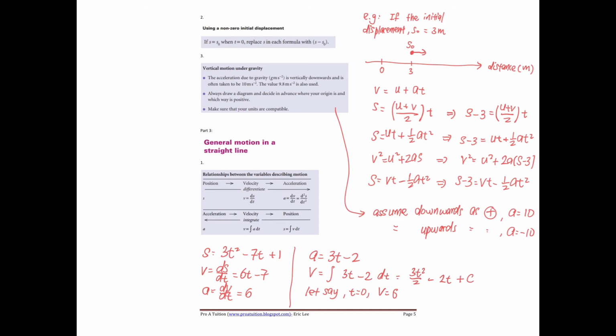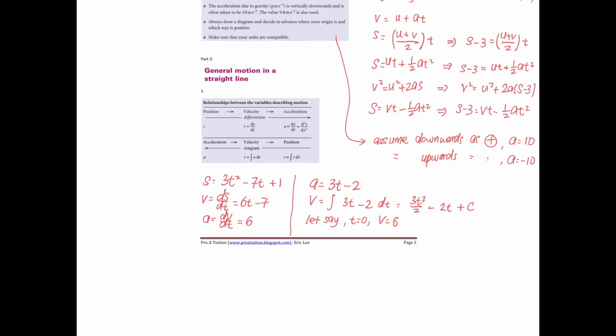So what to do with this information? We use it to find c. So currently our v is equal to 3t squared over 2 minus 2t plus c. So v equal to 6, t equal to 0. All this ends up with 0.